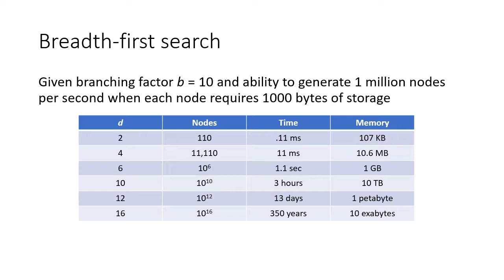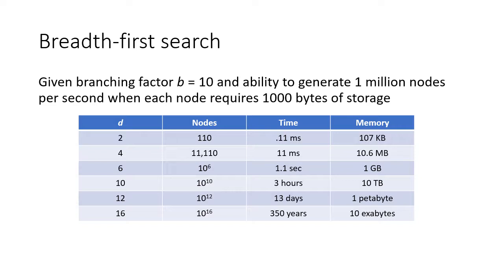We have the root, 10 nodes at the first level, and then 100 nodes at the second level, so generating in all 110 nodes. Given this situation, we're talking about finding a solution in 0.11 milliseconds and using 107 kilobytes of memory.